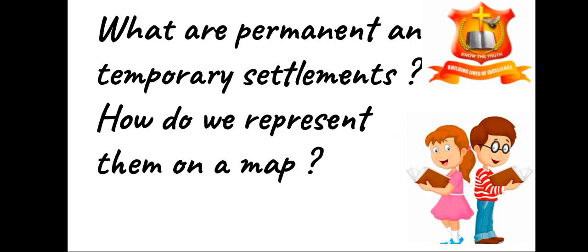Now tell me, what are permanent and temporary settlements? How do we represent them on a map? Permanent settlements are places where people live permanently. They would have concrete buildings.